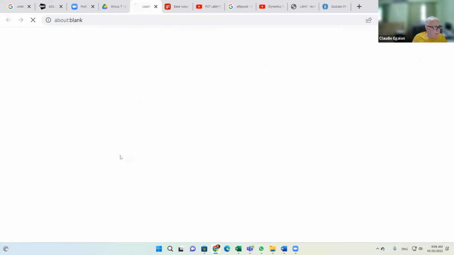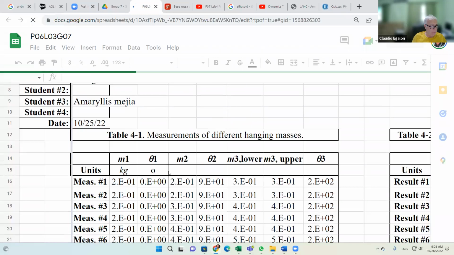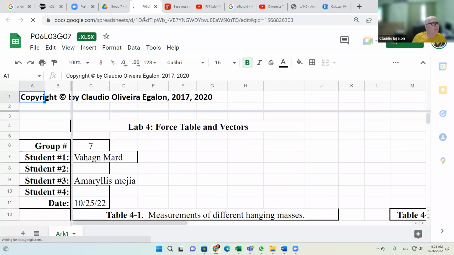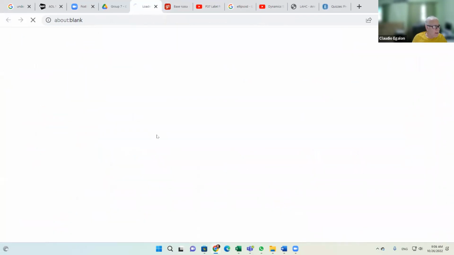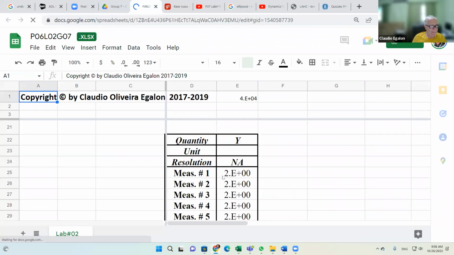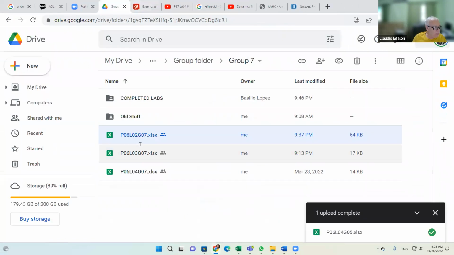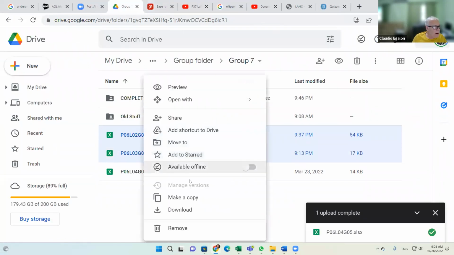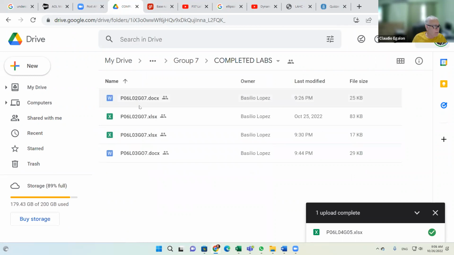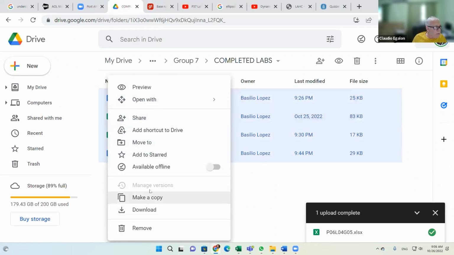Those are the original file that I sent to you. Yeah, that original file I sent to you. You can see that there is no units there, right? So that's why I know it's my original file. So we don't need that anymore. And now I'm going to move those files here, group number 7, and let's do it this way, okay?